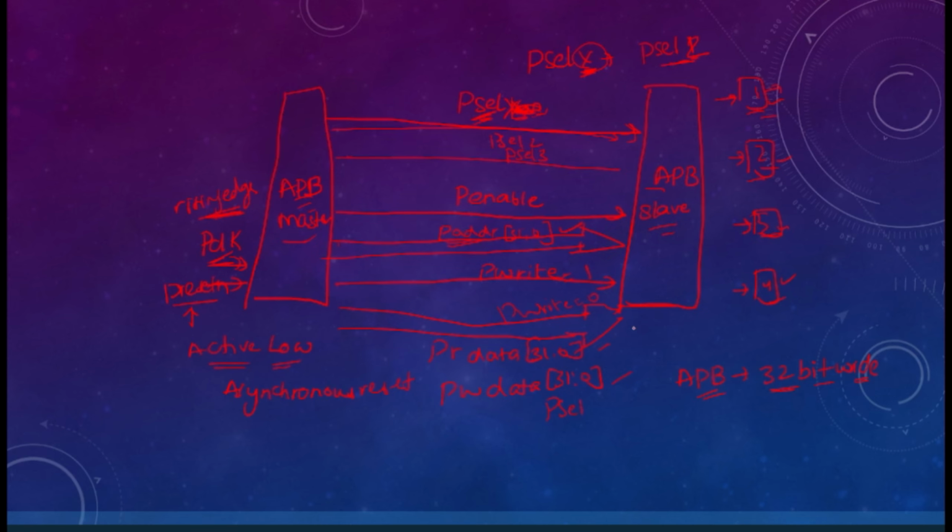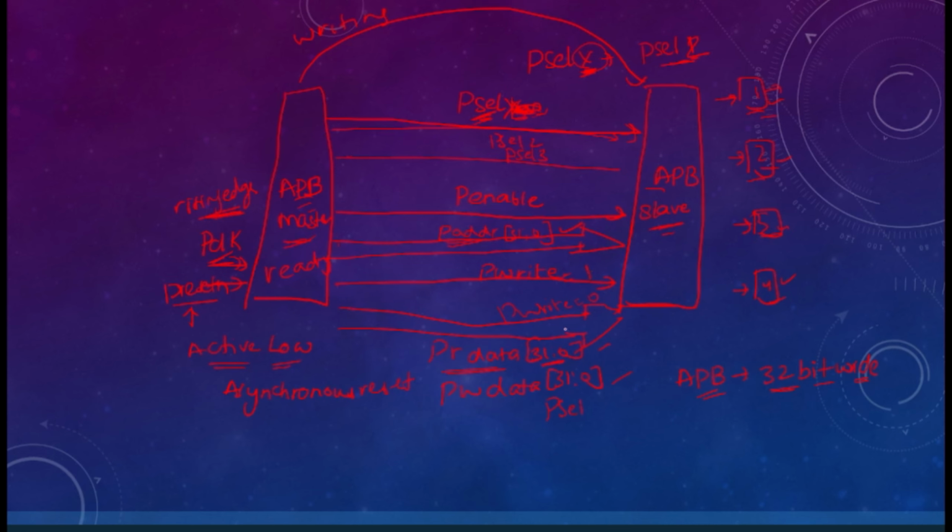Now what do PRDATA and PWDATA do? What do reading and writing mean? When the master wants to transfer data into the slave, that is called writing. When the master wants to read something from the slave, take something from the slave, it is called reading. PRDATA means P read data, so it happens from the APB slave to the APB master.